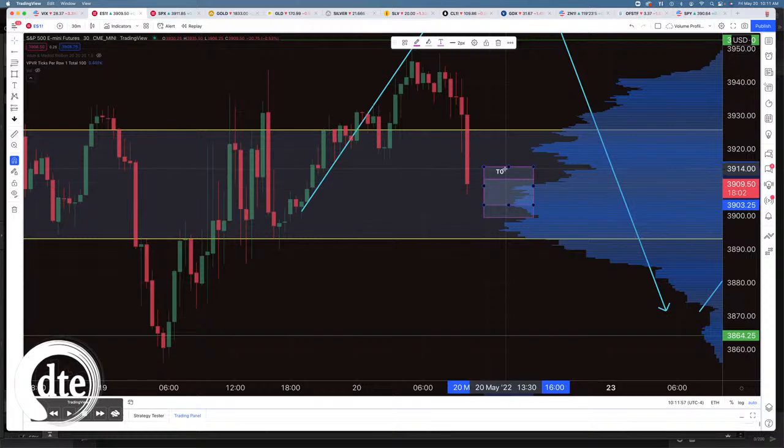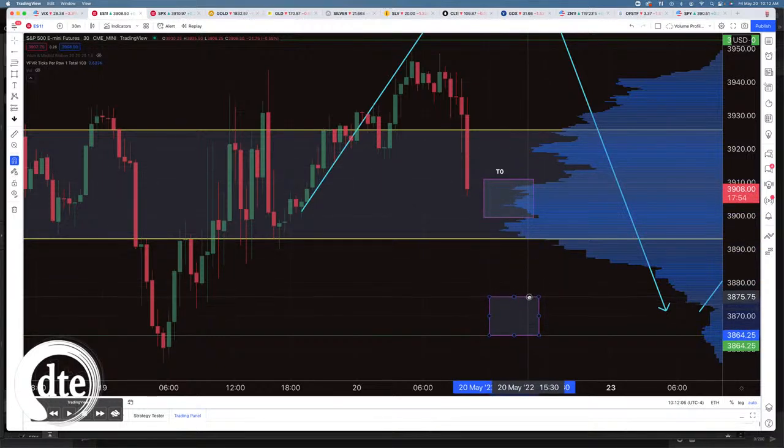So maybe this is the alternative target. Oh, why am I having a hard time grabbing this? So this might be the alternative target, where this LVN at 38.65 is the actual resting place. So those would be my two targets for today, I think.